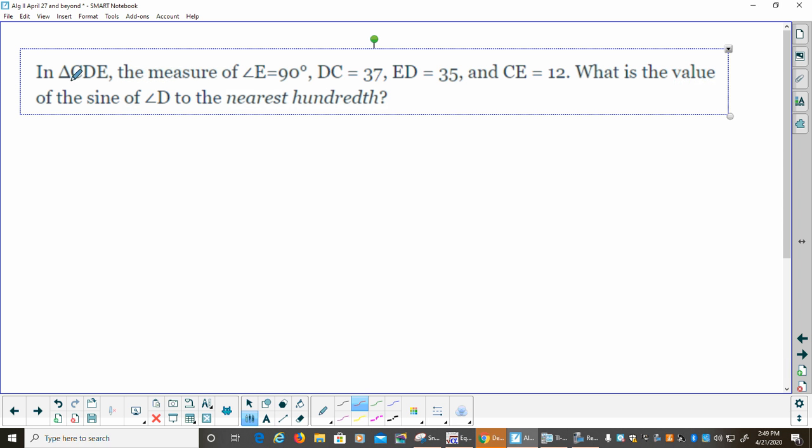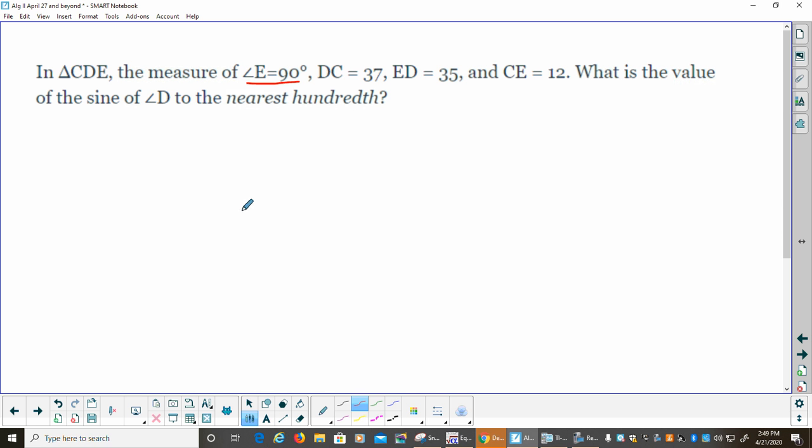It says you've got triangle CDE. Since they're not using ABC, you can't assume C is the right angle. They're telling you here that E is the right angle. So I would recommend that you draw yourself a picture. My nice lame right triangle. E is the right angle, so you know that's E. Because the other two vertices are C and D, it doesn't matter which way you draw the triangle.